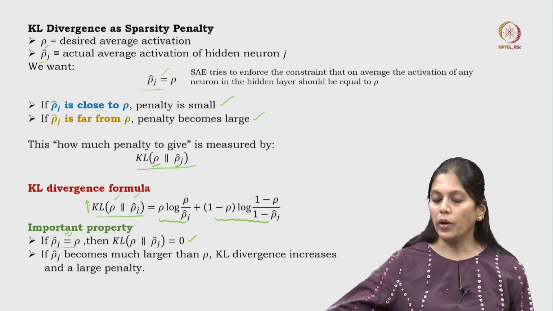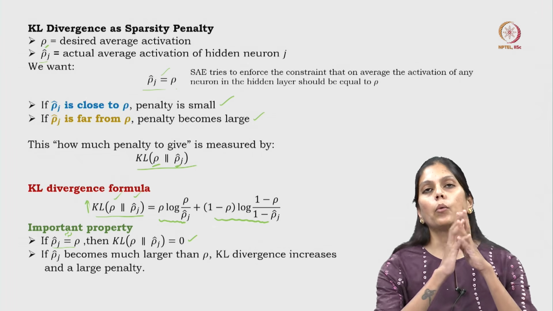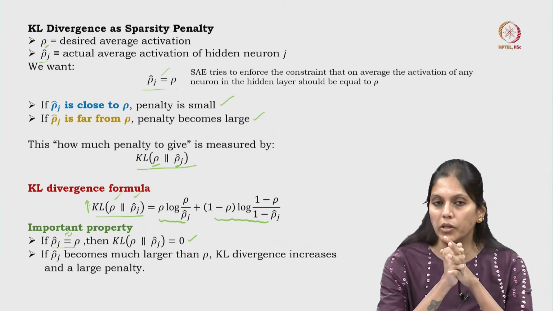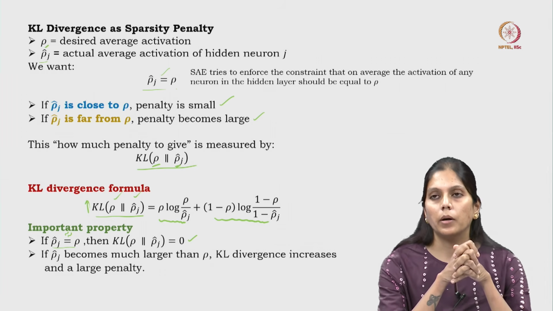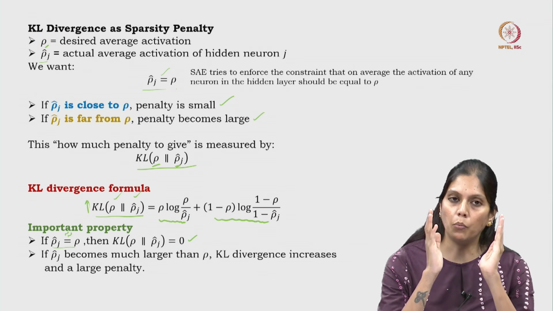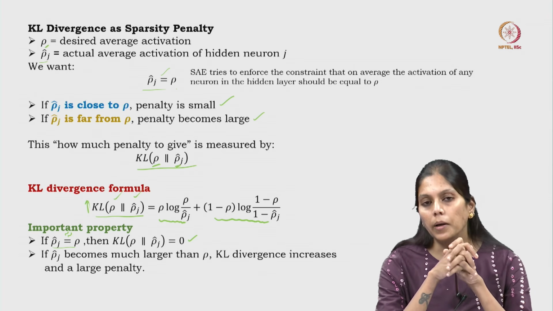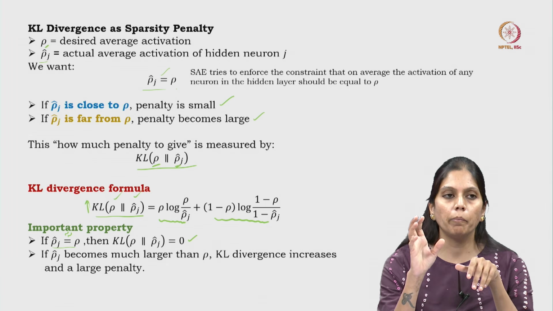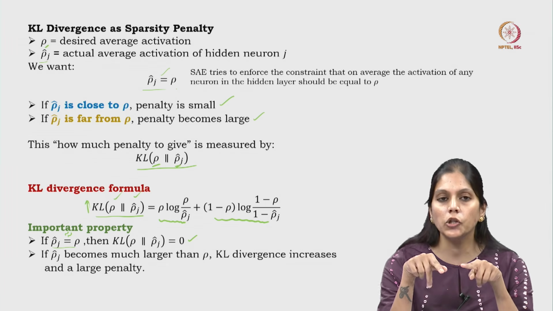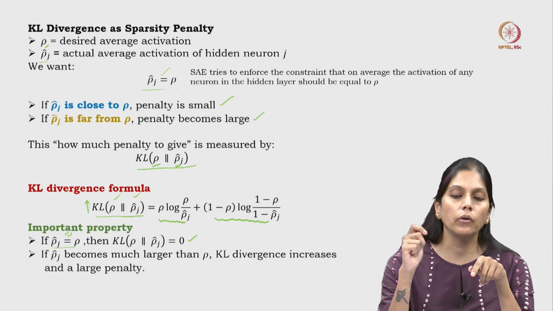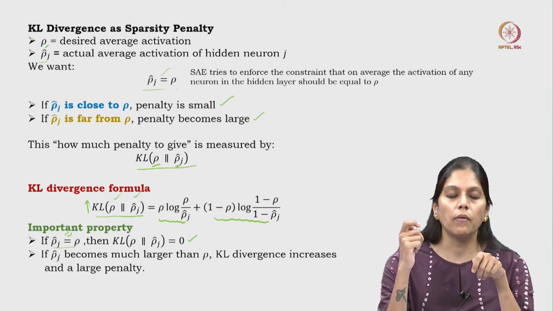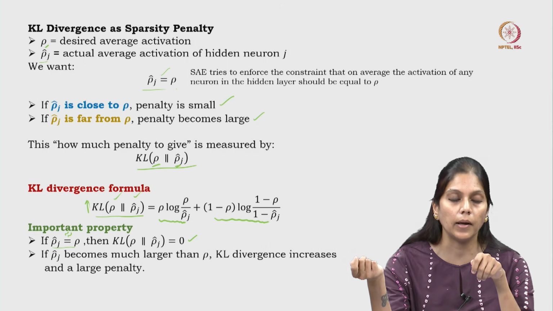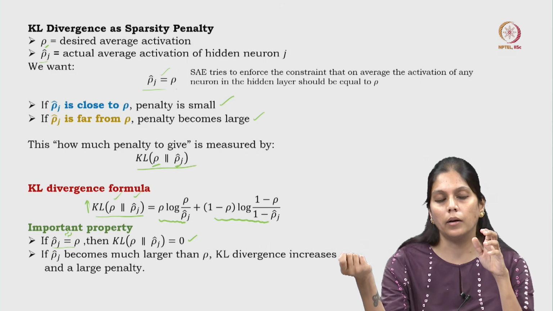So far what we have seen is that our requirement is to avoid the overfitting problem. So what are we doing? Even if there are more neurons at a hidden layer, on an average every neuron should be active very rarely.